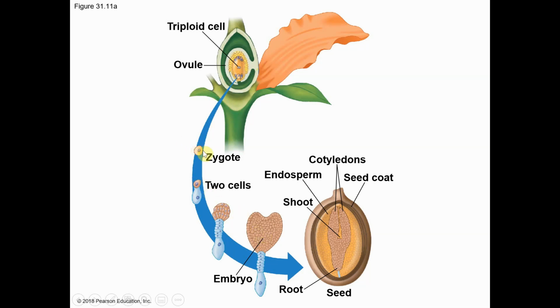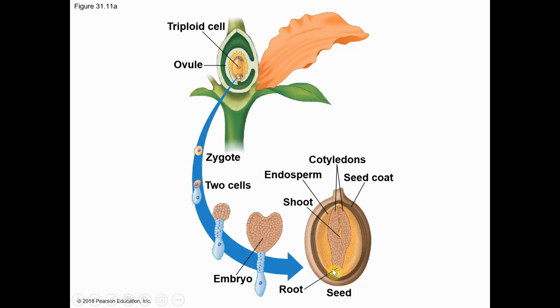So that's a fertilized egg cell, the zygote, dividing and growing by mitosis into the embryo. And then the endosperm forming from your triploid central cell fertilization. So the endosperm here will house the nutrients for the growing embryo.